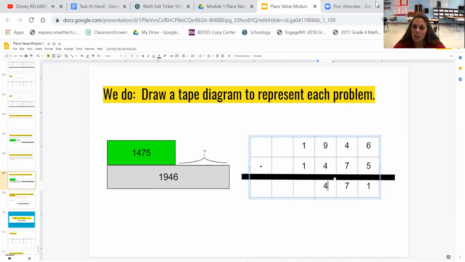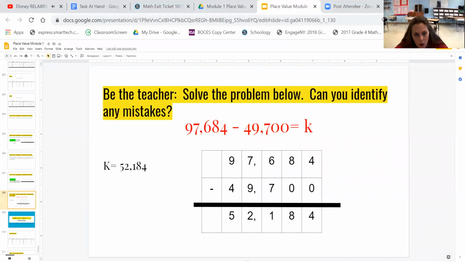All right, nice job. We're going to do one more problem, and it's actually your exit ticket as well. So you're going to be the teacher. Someone solved this problem, and they think they're right. So you need to first solve the problem and identify, are they right or are they wrong? And if they are wrong, can you tell me what mistakes they made?